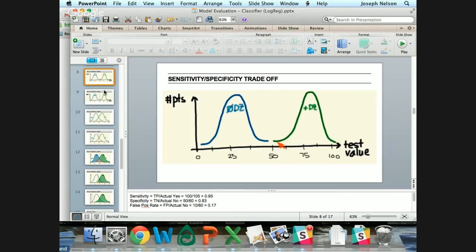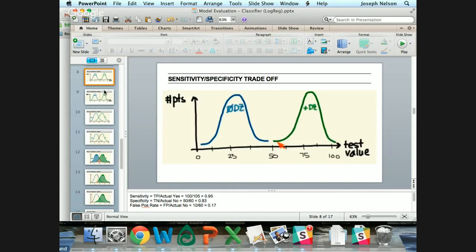So we have this distribution, where the left side is people who do not have the disease, and the right side is people who do have the disease. And this is the number of observations, or the test point for these two.